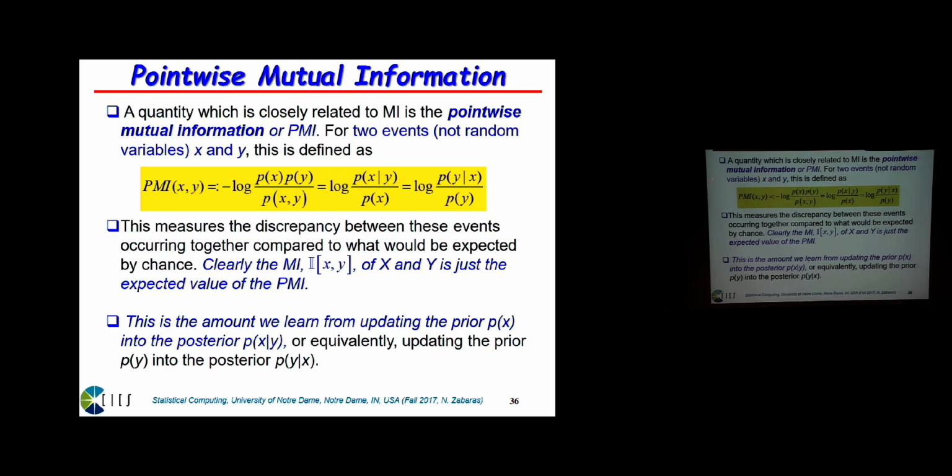But in an effort to come up with new ideas and more useful techniques, it has been introduced what is called pointwise mutual information, where we measure basically the log of P of X and Y divided by P of X times P of Y, where X and Y, they're not the distributions, they are pointwise events.